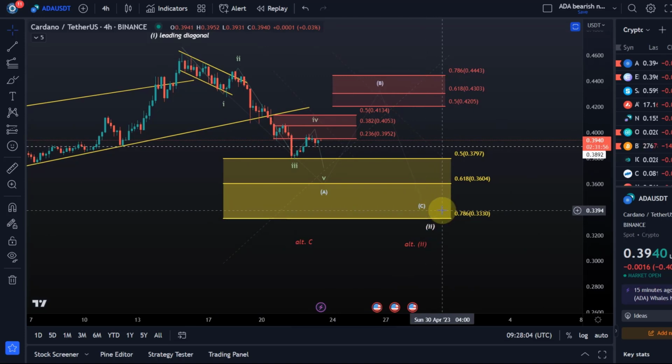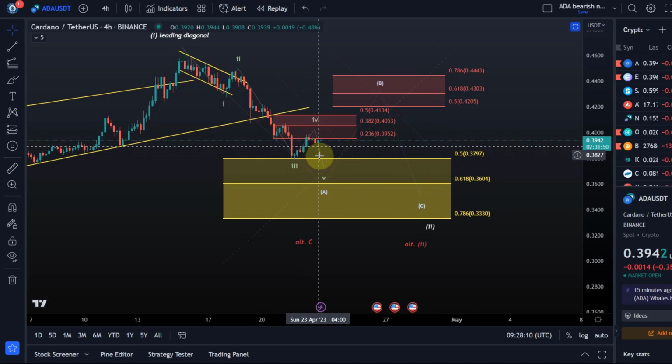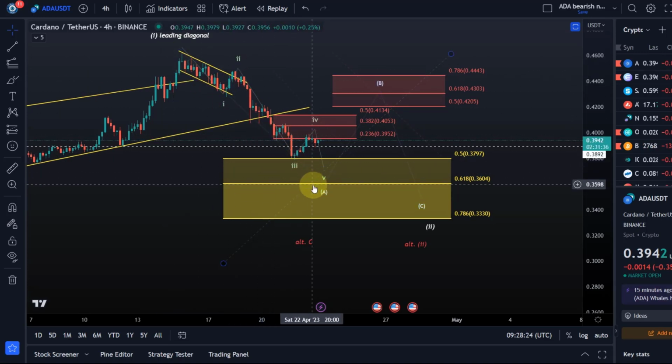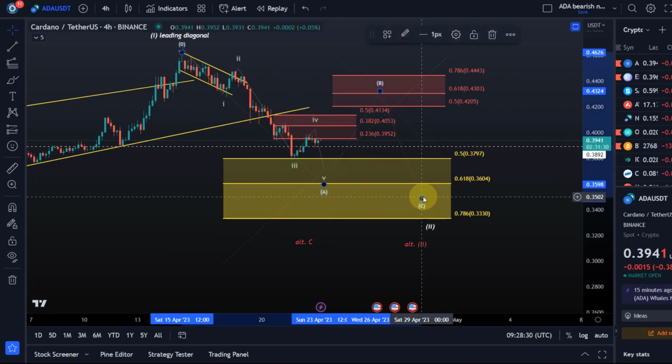Otherwise we have to look for alternative wave counts. One more low is possible. We would then, ideally in an A wave, not break below the 50% retracement, but it looks like it is possible here that it does it. Because if it breaks below the 50%, eventually the C wave may run out of space.